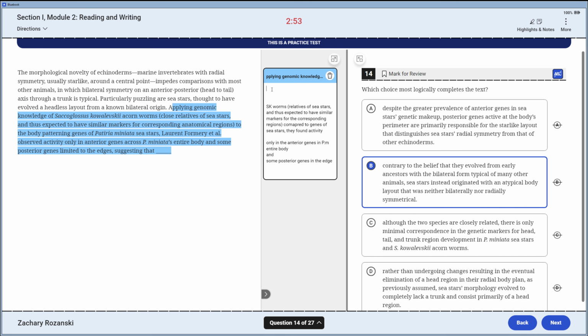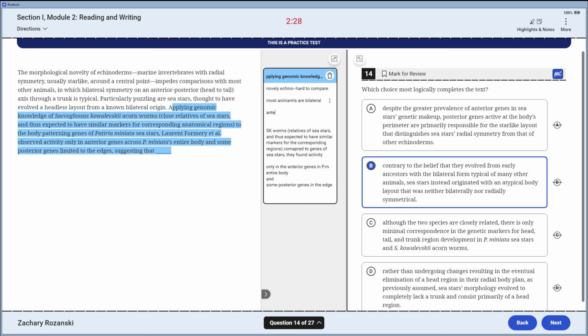Okay. Echinoderms. So novelty. Okay. Novelty echinoderms. Hard to compare. That's what it means. Most animals are bilateral. Okay. This is helping.